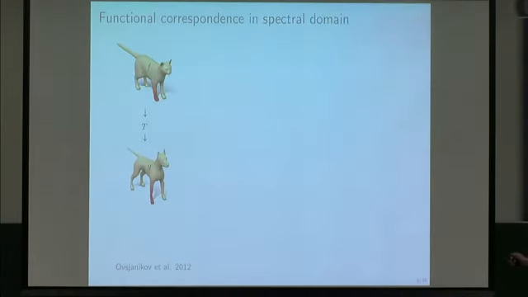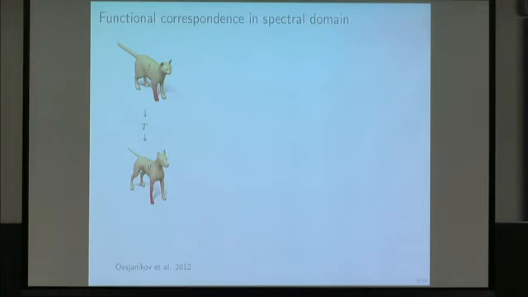So if we have a function f on some manifold X, I will have this linear operator T that will produce a corresponding function on another manifold Y. If I feed this operator with functions, I will create corresponding functions on the other shape.